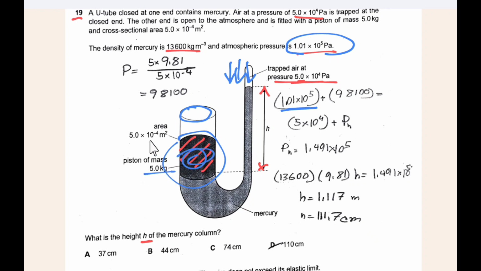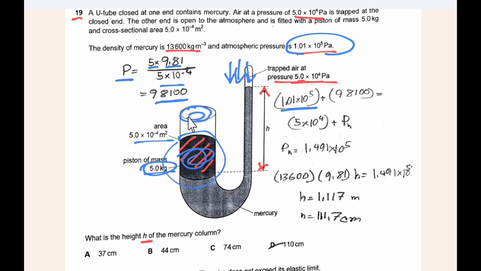Since the piston has some mass and some area, it must exert some pressure. The pressure by the piston is force by area. We know the mass, and force is equal to mass into gravitational field strength, that is 9.81, divided by area. So its pressure is this value.